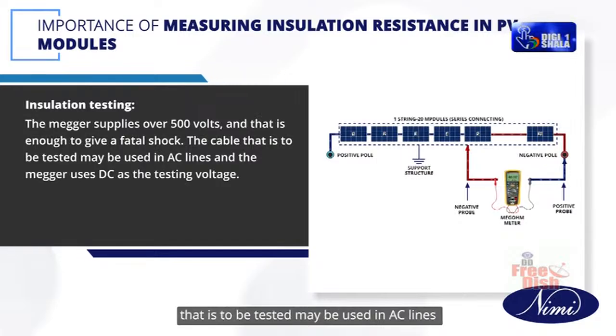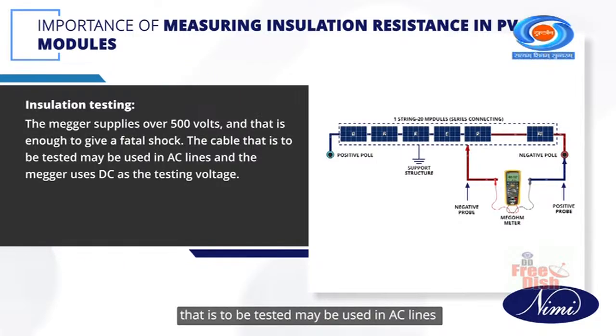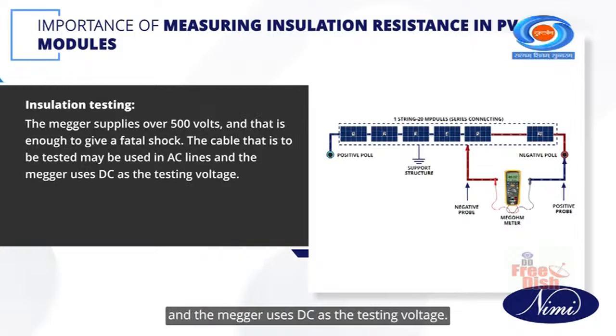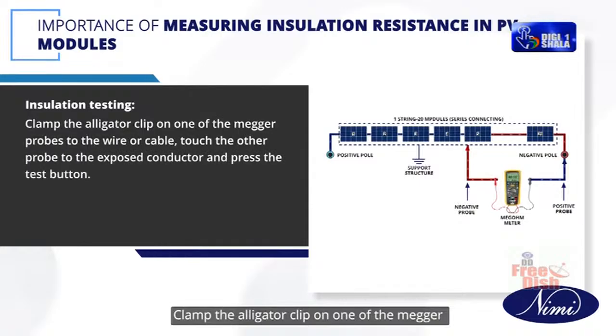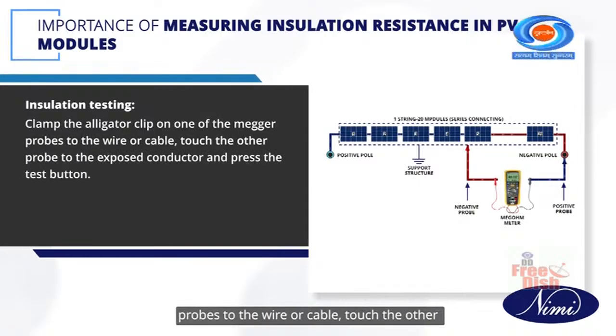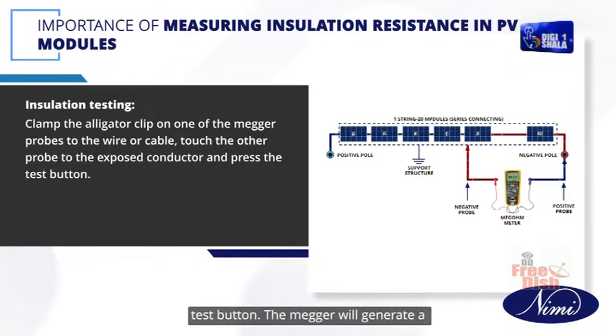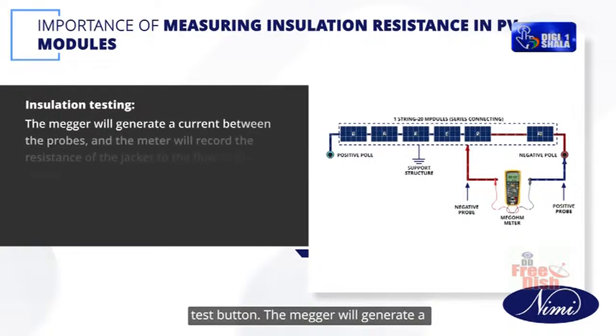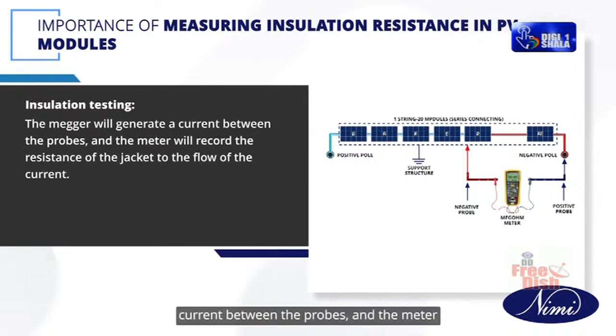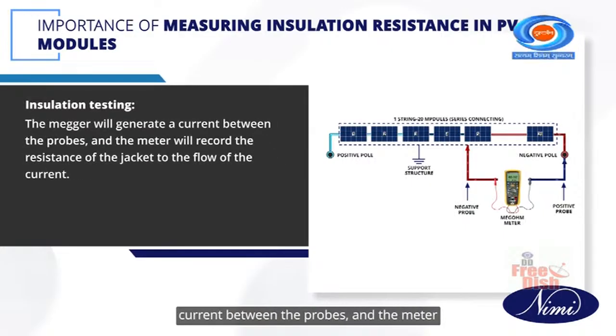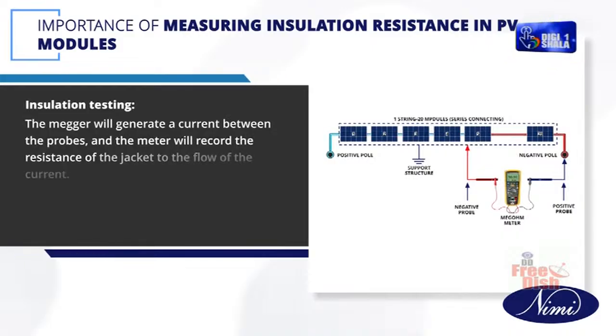The cable to be tested may be used in AC lines, and the Megger uses DC as the testing voltage. Clamp the alligator clip on one of the Megger probes to the wire or cable, touch the other probe to the exposed conductor, and press the test button. The Megger will generate a current between the probes and the meter will record the resistance of the jacket to the flow of the current.